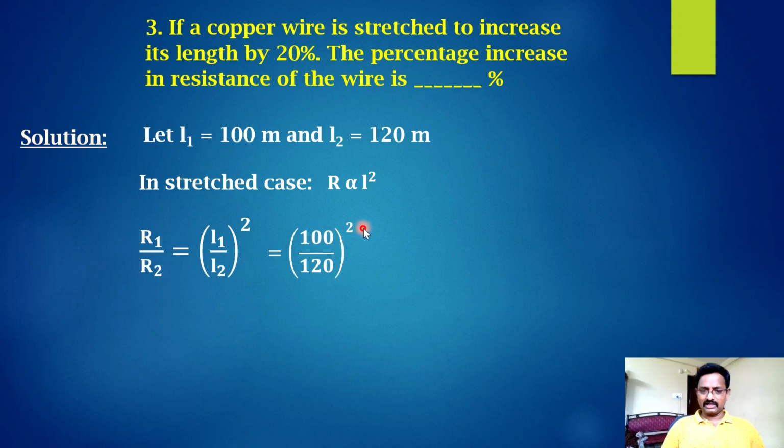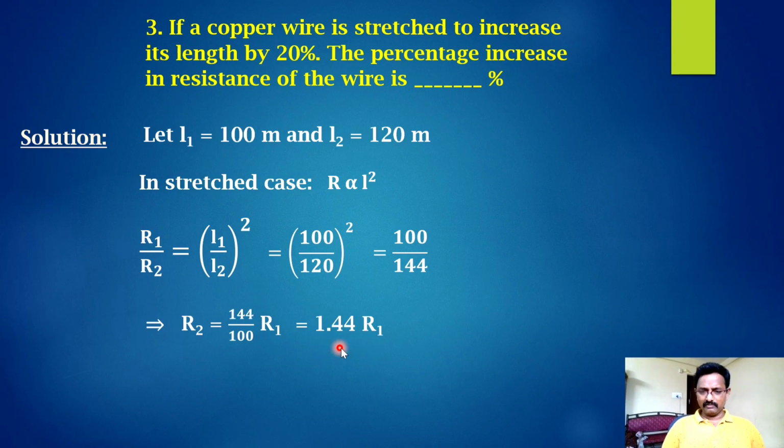Then 10 square means 100, 12 square means 144. So we will get 100 by 144. That implies, from the above equation we can write R2 is equal to 144 R1 by 100, so that is equal to 1.44 R1.